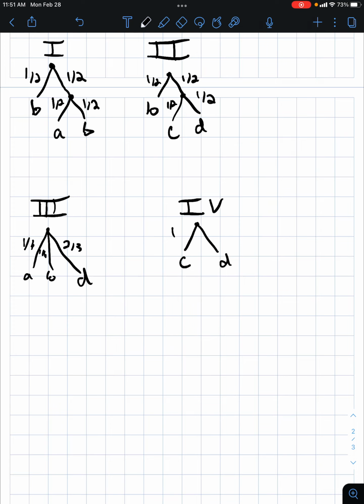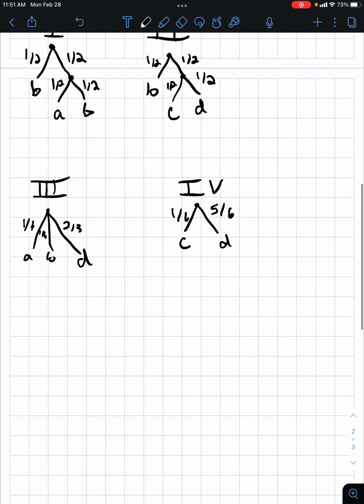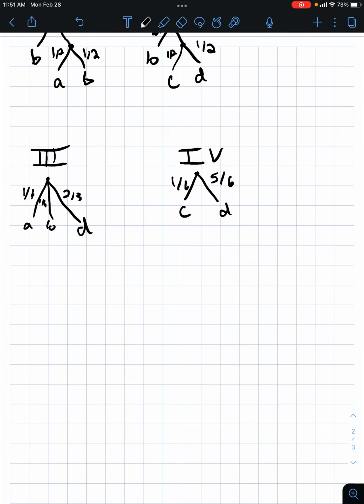Now we need to rewrite both of these so we get the same rewritten lottery.